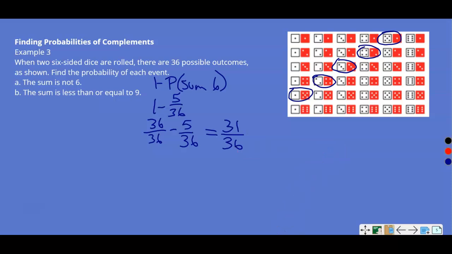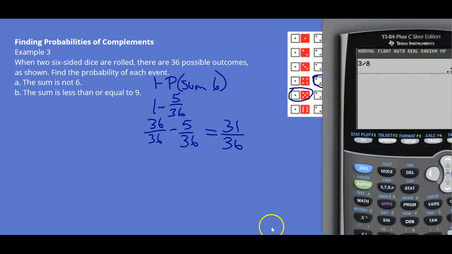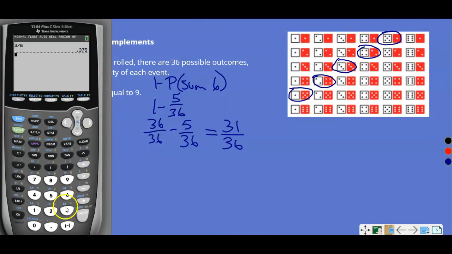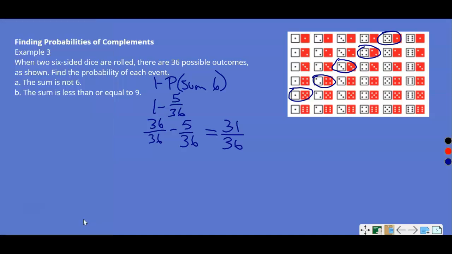So let's see what that is as a percent. Okay, that is about 86%.